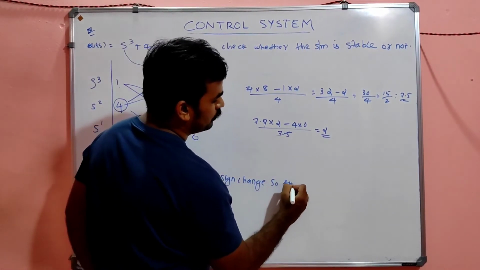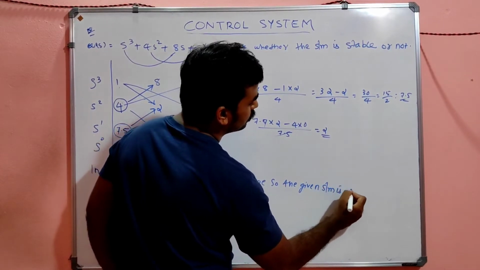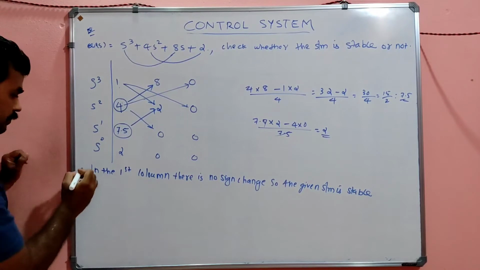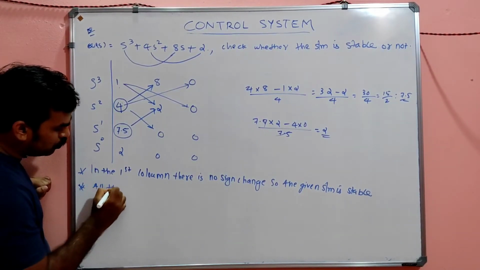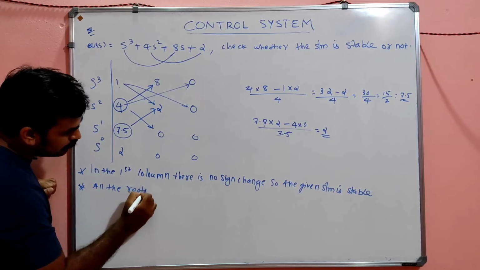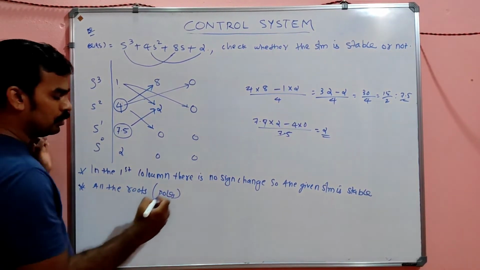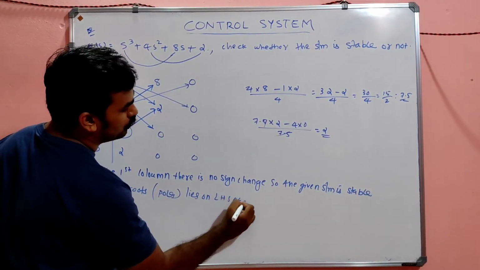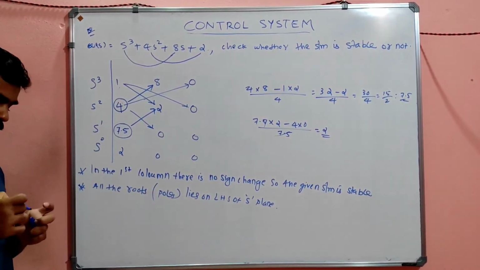So the given system is stable, which means all the roots or poles lie on the LHS of the S-plane. That is the meaning of stability.